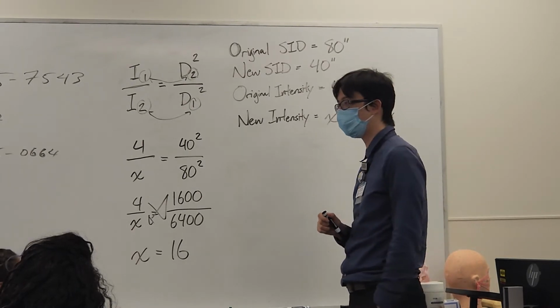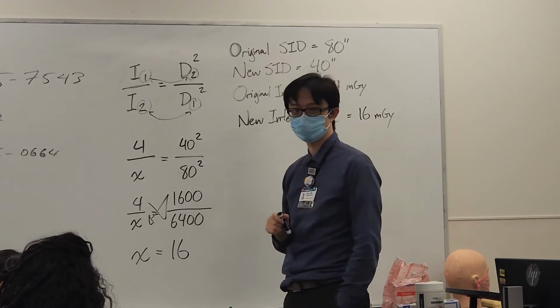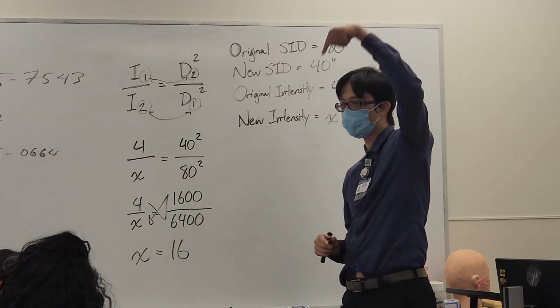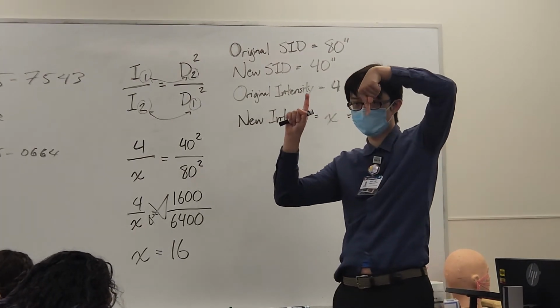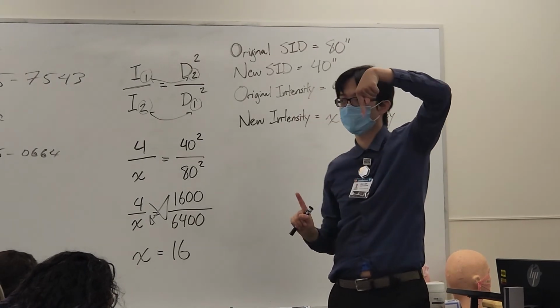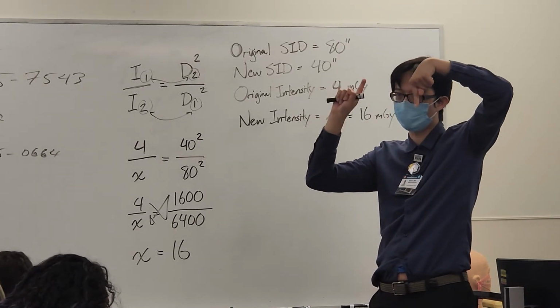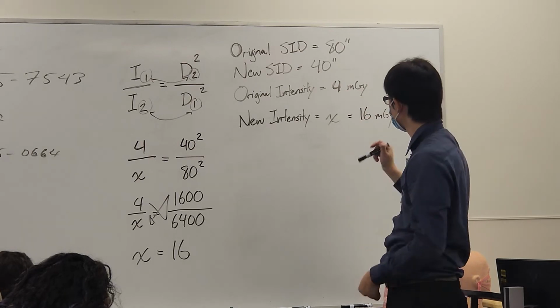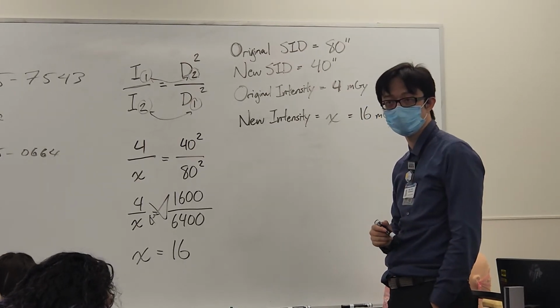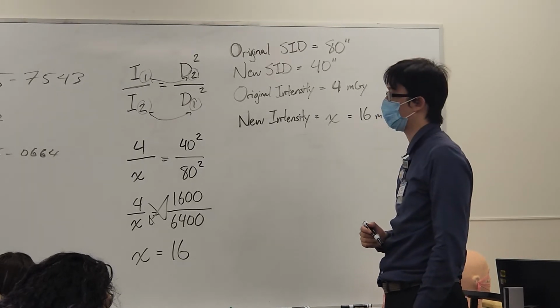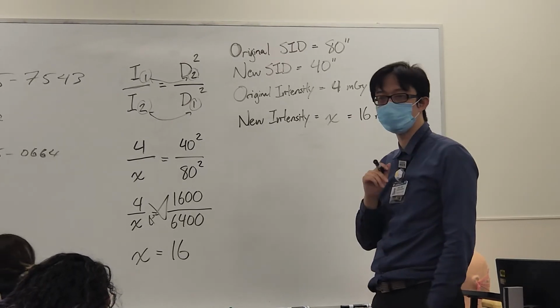We expect it to go up, inverse. If distance goes down, radiation goes up. They're going opposite. So did our radiation increase? Yes, it has increased.